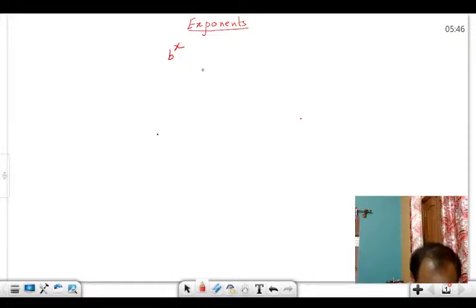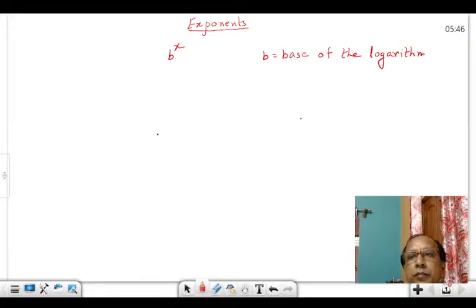We can say that b is the base of the logarithm, and x is called the exponent, or sometimes we call it the power also.